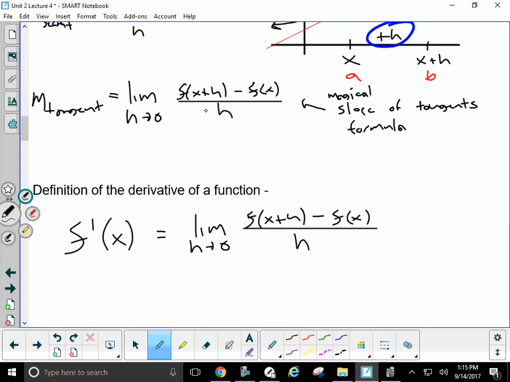Now, this is just the slope formula of 2 points infinitely close together, if you want to write that as a little note.